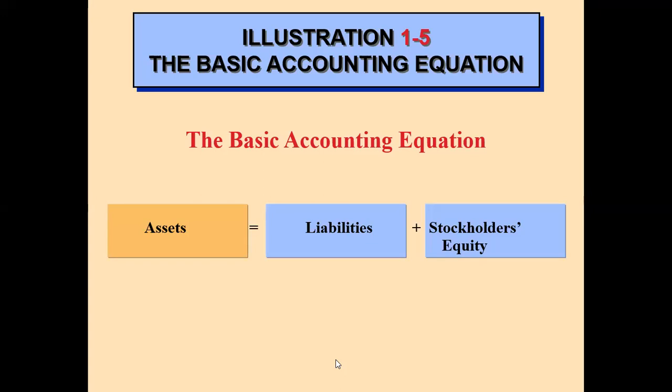So any transaction can happen in three ways: both sides increase, both sides decrease, and another way it can happen is that the effect is on only one side, like liabilities increase and stockholder equity decreases. Still the effect is zero, there is no change, and the equation is equal.